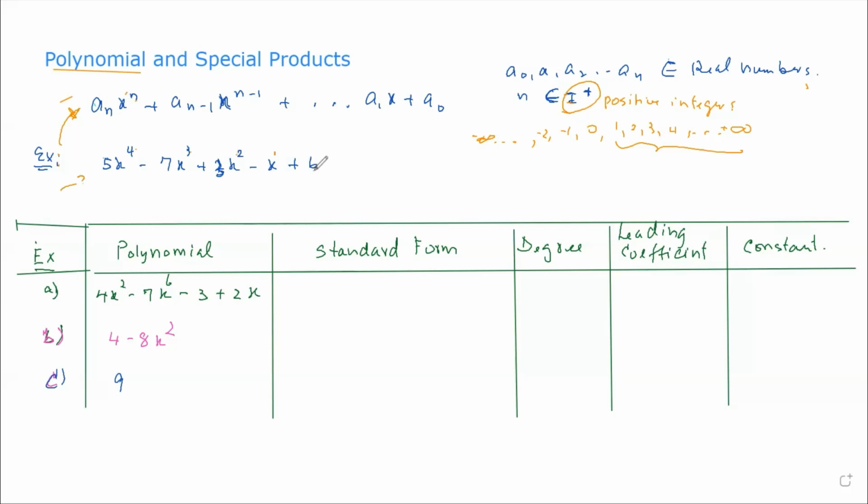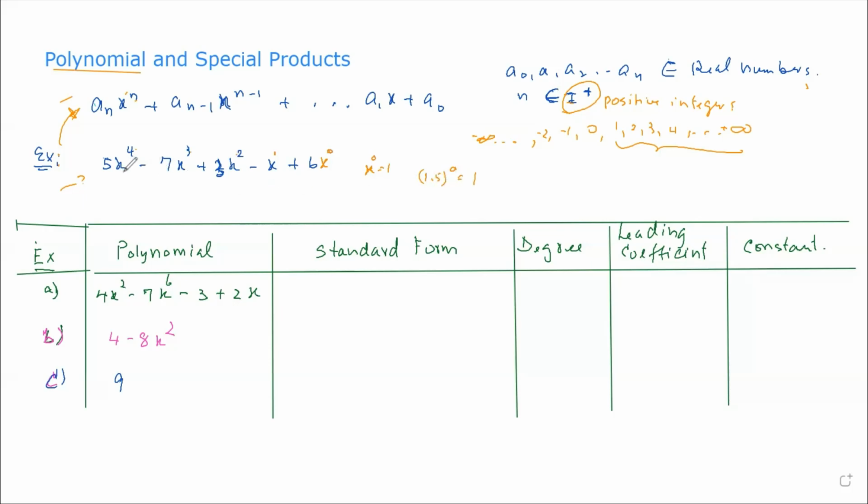And 6, actually, has x power 0, okay? But any x power 0 is equal to 1. Don't forget, everyone still remembers, any real number, like 1.5 power 0, is still 1. Any real number power 0 is always 1.